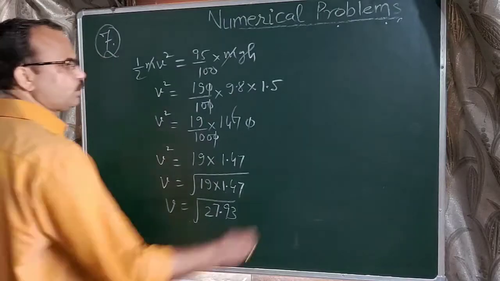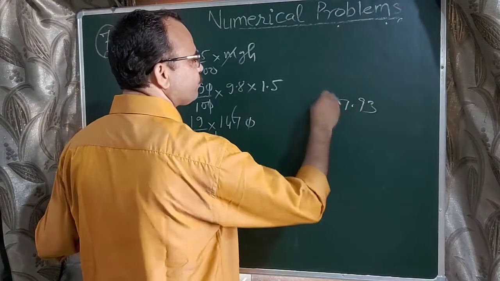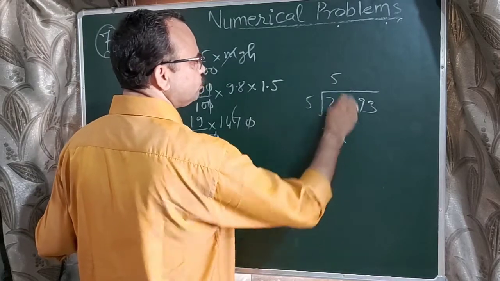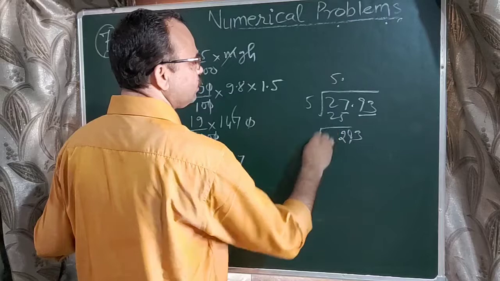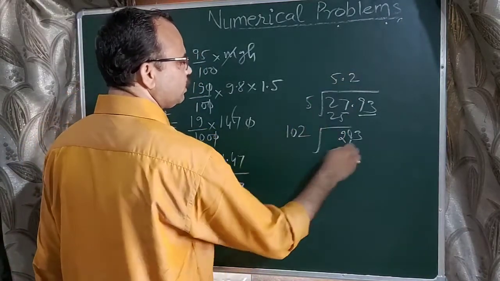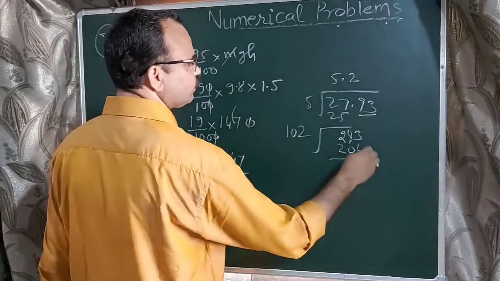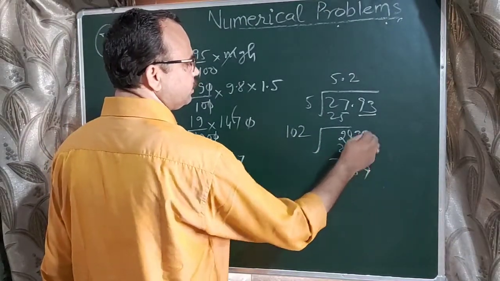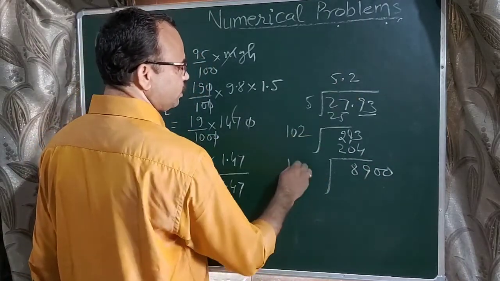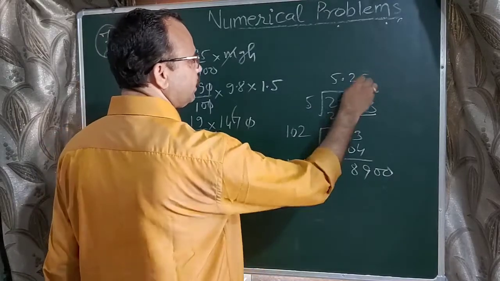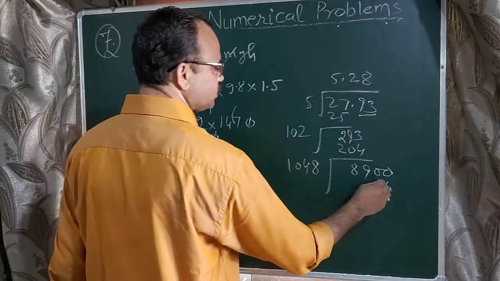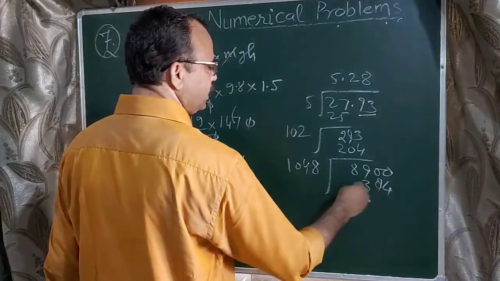Okay, now taking the root of 27.93. 5 5s are 25, 2, point, then the next pair 93, 5 plus 5 means 10. Okay, so 2 2s are 4, 0, then 2 9 8, then the next pair 1, 2 plus 2 means 1 0 4, 8 8s are 64, 6 8 4s are 32, 6 3 8, 3 8 1s are 8.